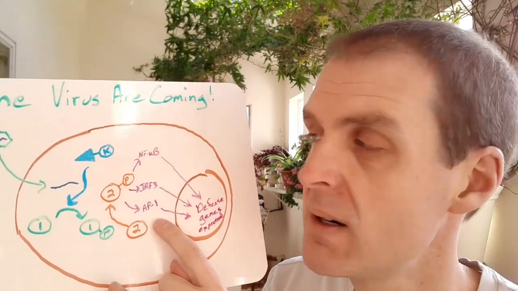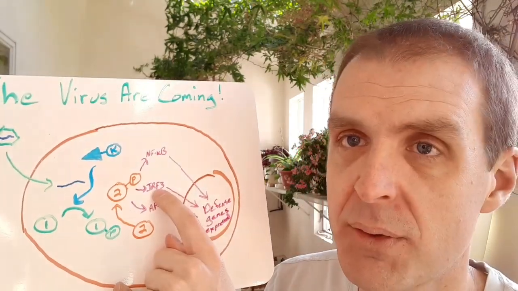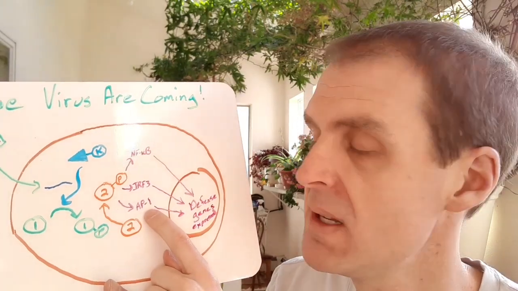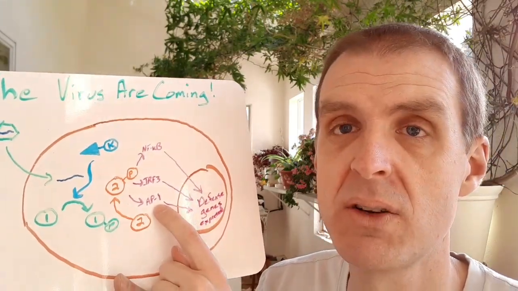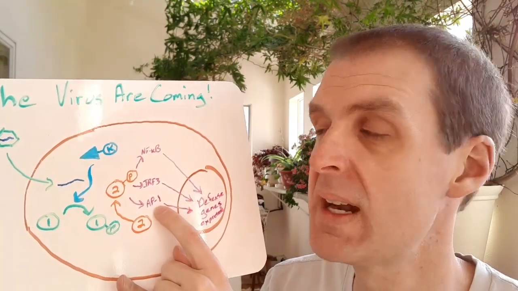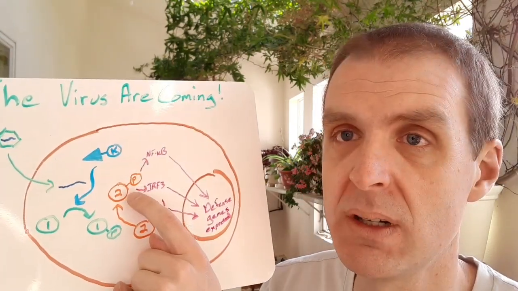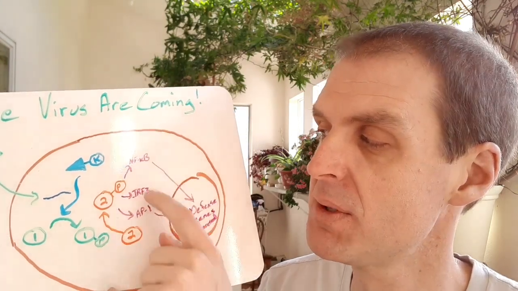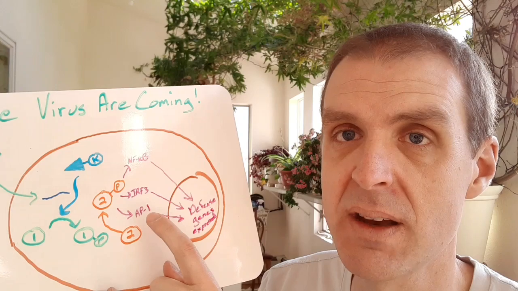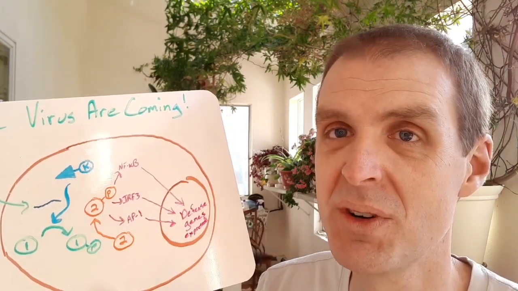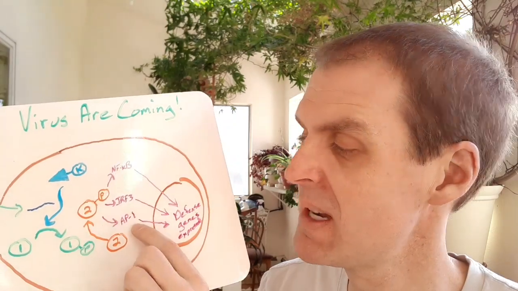These transcription factors, NF-kappa B, IRF3 or IRF7, and AP1, these are examples of transcription factors that normally hang out in the cytoplasm of a cell. And when they get activated, maybe when protein 2 is in the phosphorylated form, it's able to branch out and activate these other transcription factors. There's more to it than that, but that's a simplified example.